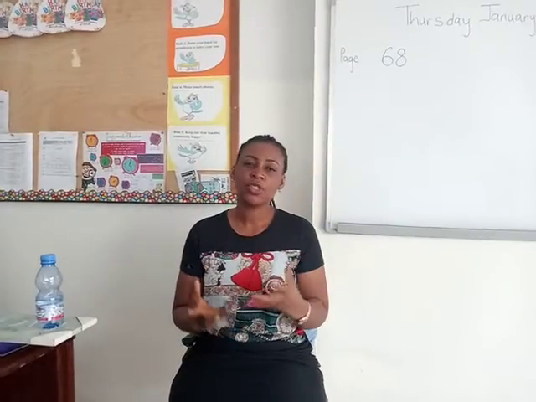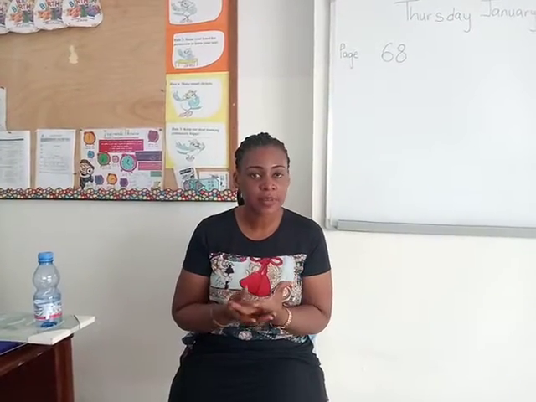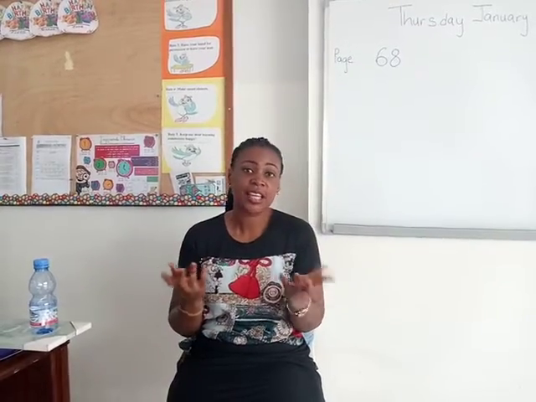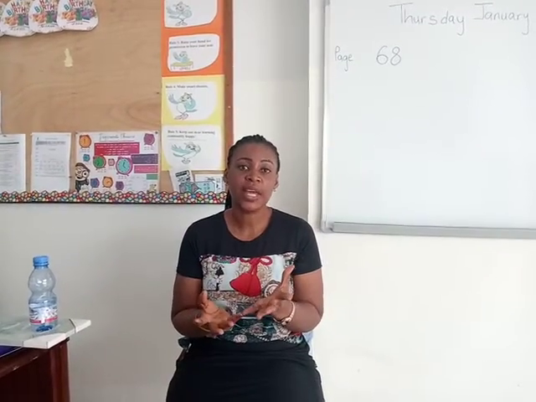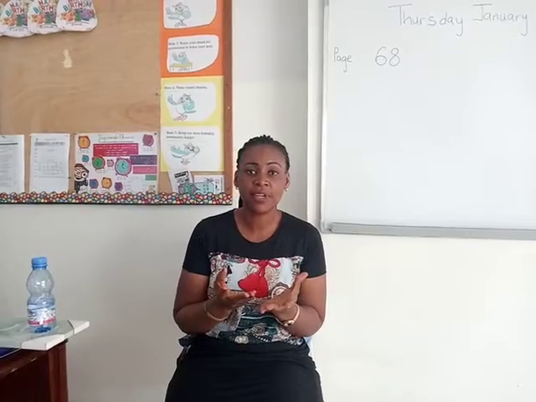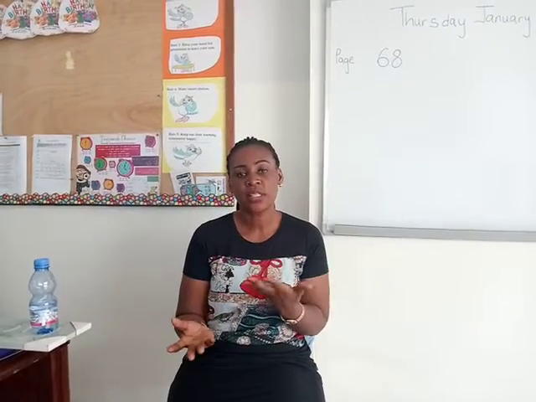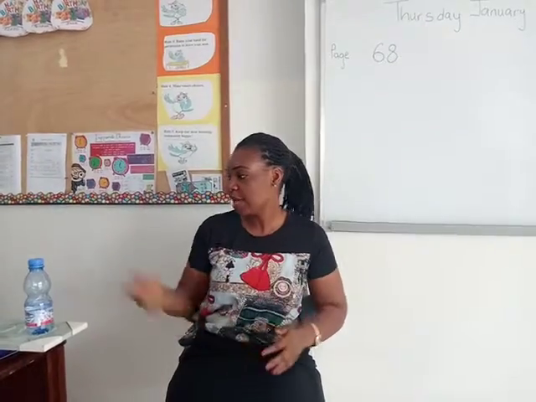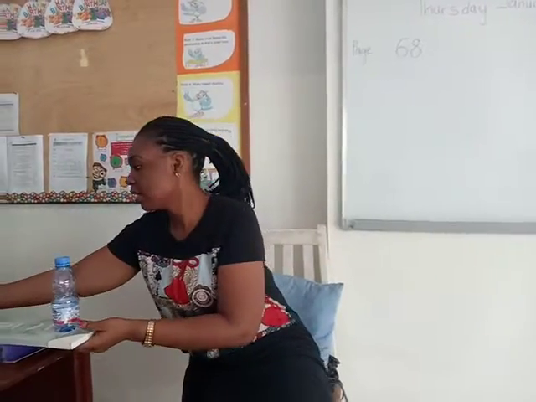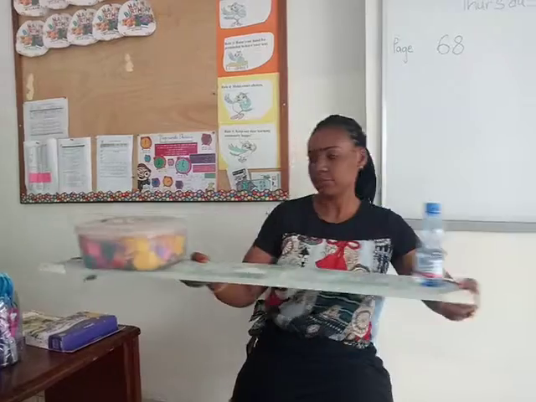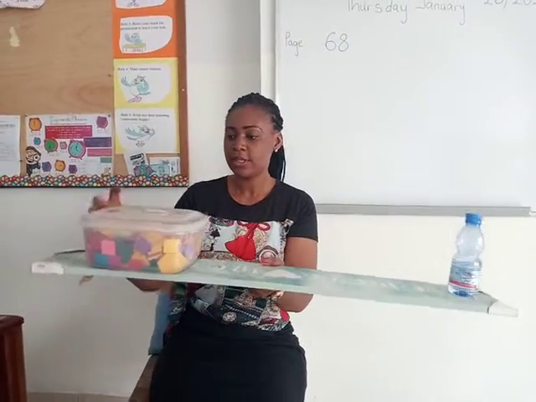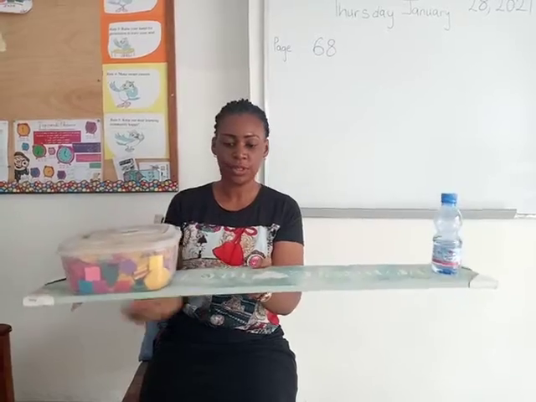Now today I'm going to just show you a little experiment using a scale, kind of, to show you how the weight of objects, when heavier, pulls down one side of the scale or the balance. So for that, I'm going to be using this object, sphere. This is a box of shapes as usual.